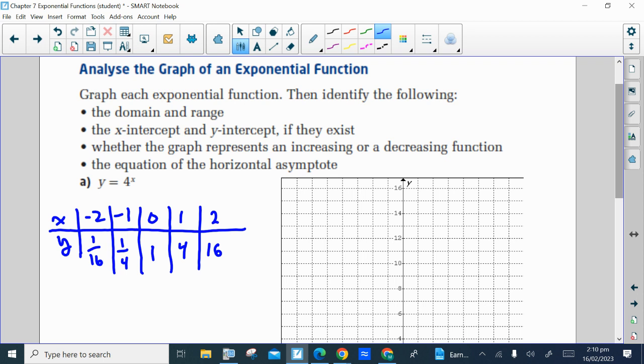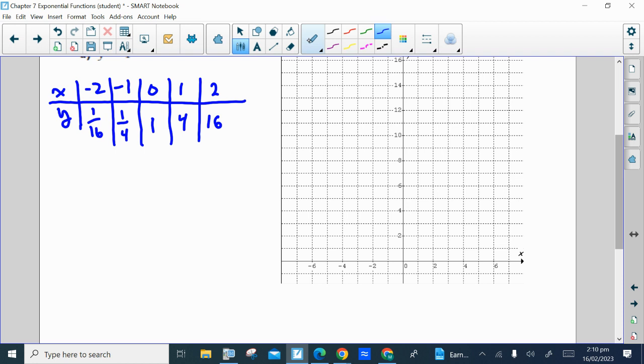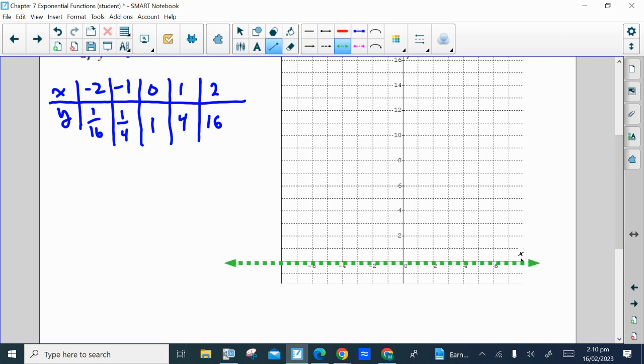And as x gets smaller and smaller, the value of y will get closer and closer to 0, but it will always be positive. So because of that, the x-axis is a horizontal asymptote. The further you go to the left, the closer the graph will get to the x-axis, but it'll never actually touch it.